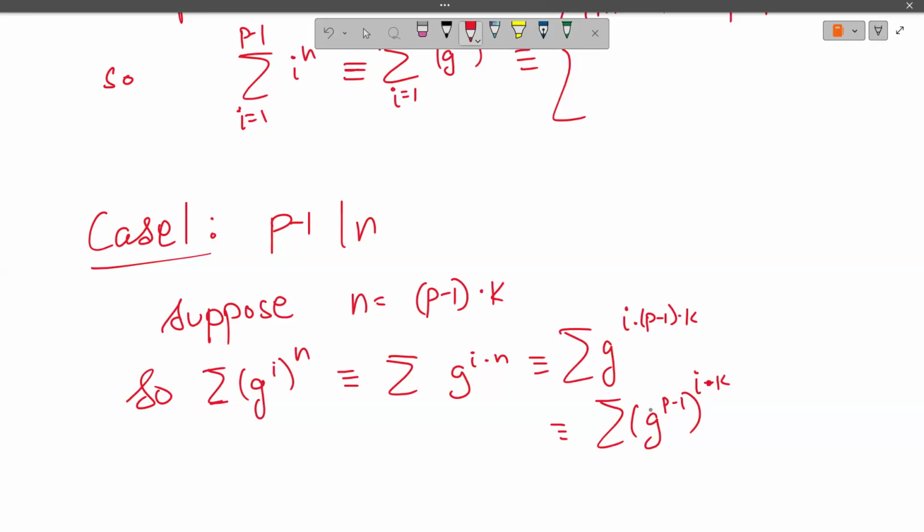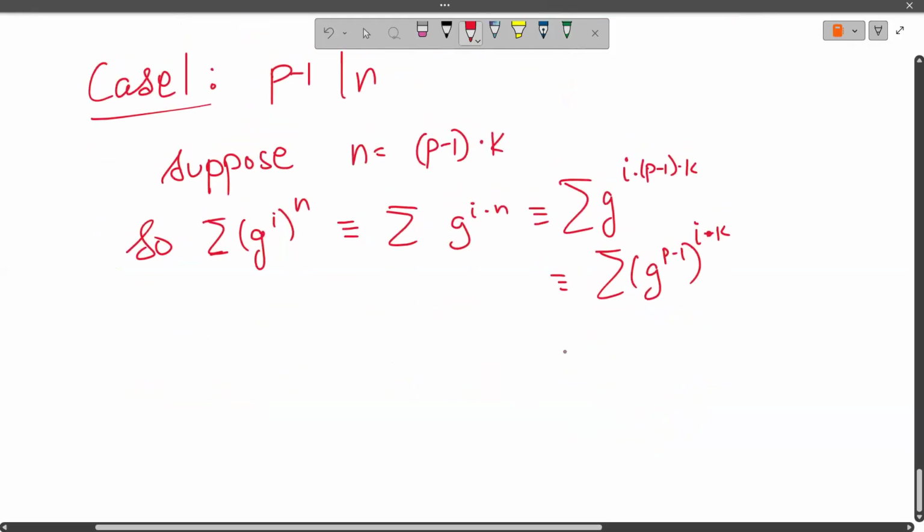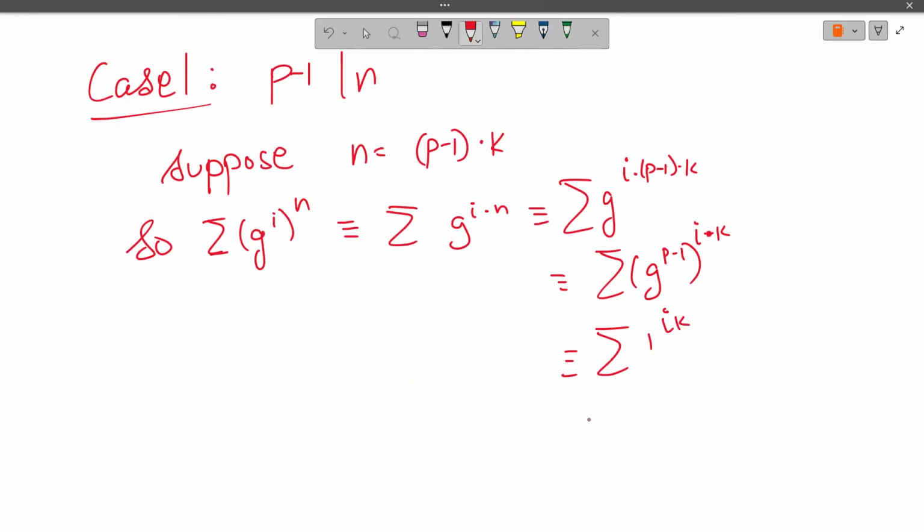Observe that as g is a primitive root, or even otherwise, g raised to the power p minus 1 will always just be 1 mod p. Okay, this is congruent to the sum of 1 raised to the power ik, which is just 1 plus, I'll put the bounds here.